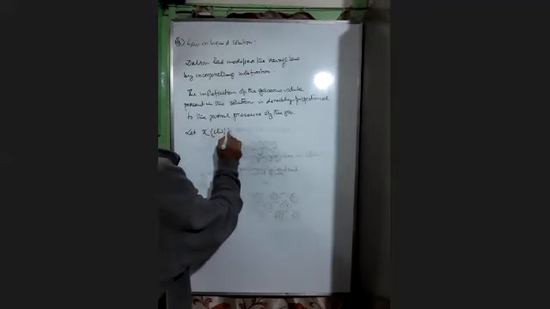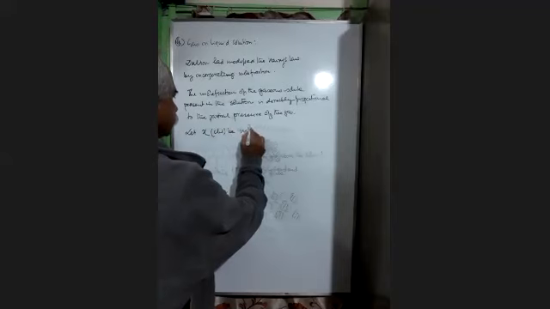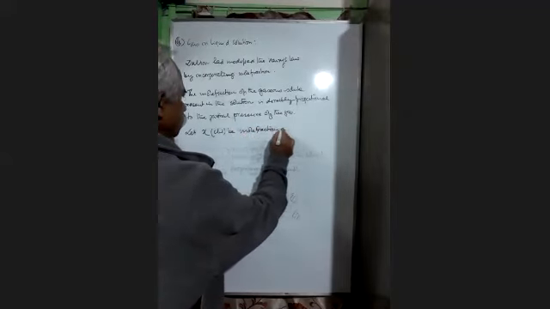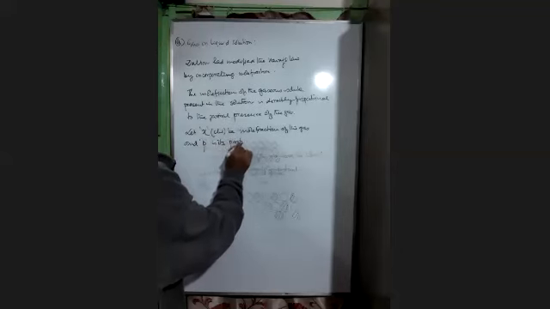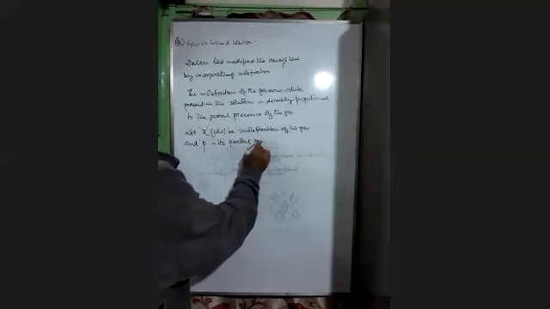Okay. So let chi be the mole fraction of the gas, and P its partial pressure.